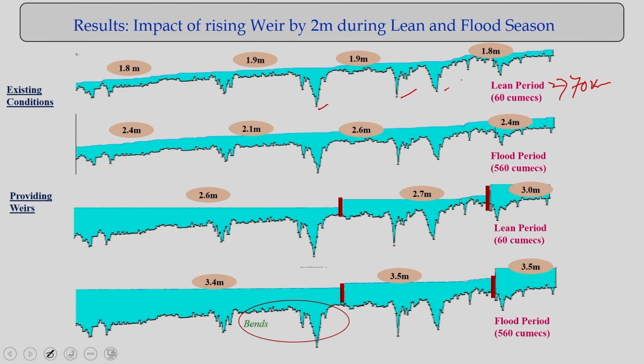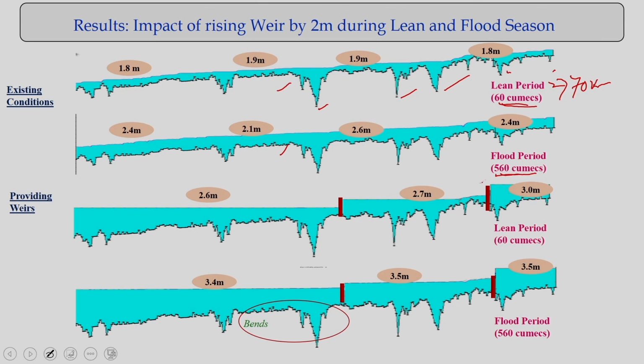There are deeper zones and shallower zones, and if you have a 60 cumec discharge, depth variations will be there. With a 560 cumec discharge, you will have depth variations like that. So the model can simulate in more detail the longitudinal profile, how the velocity varies and how the flow depth varies, with a 60 cumec or 560 cumec discharge.